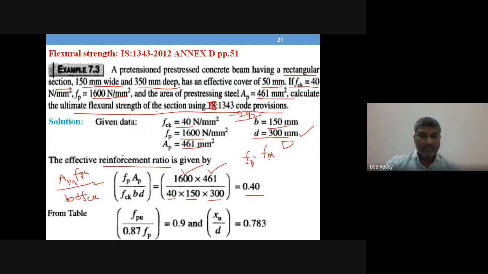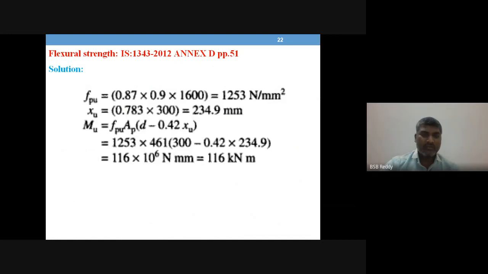Now the FPB value or FPU, both are the same: 0.87 into 0.9 into 1600, nothing but 1253 Newton per mm square. And XU by D is 0.783, into D which is 300, gives 234.9 as the depth of the neutral axis.